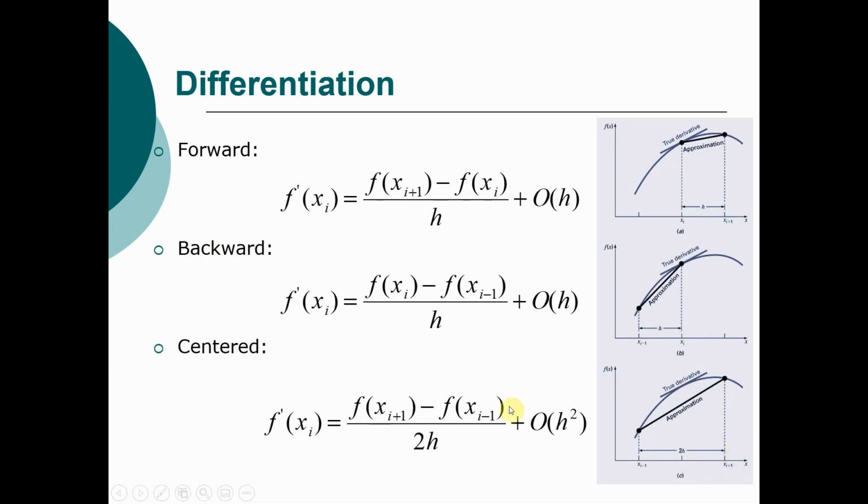Not all the time, but generally more accurate. And the order of error for this one is order of h squared, right? What does that mean? It means if you make h 2 times smaller, your error gets 4 times smaller, right? So that's another advantage of centered difference.